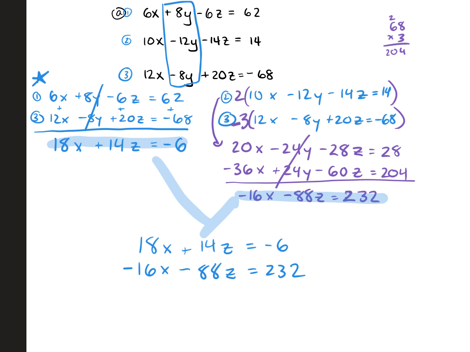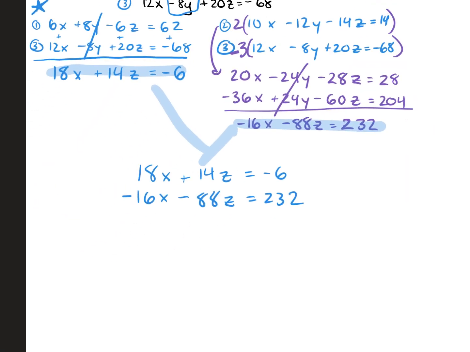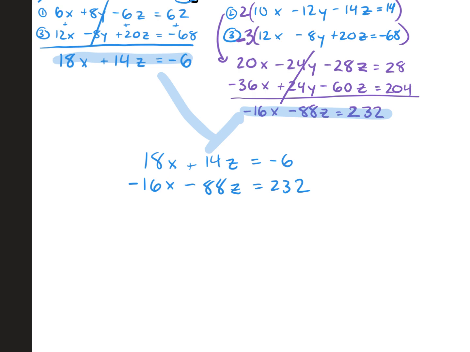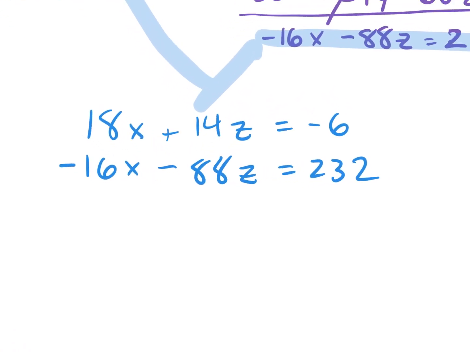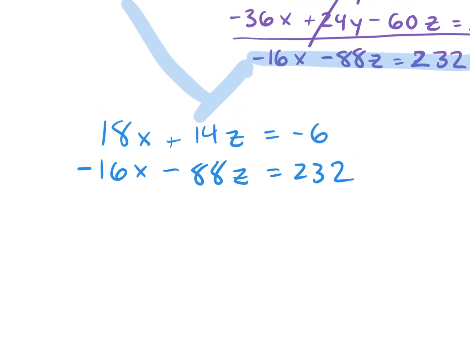But which variable do you want to eliminate now? It doesn't go in. So let's maybe try to divide, make our numbers a little bit smaller. What can I divide the first equation by? What's a common factor between 18, 14, and 6? 2. Let's divide them all by 2.